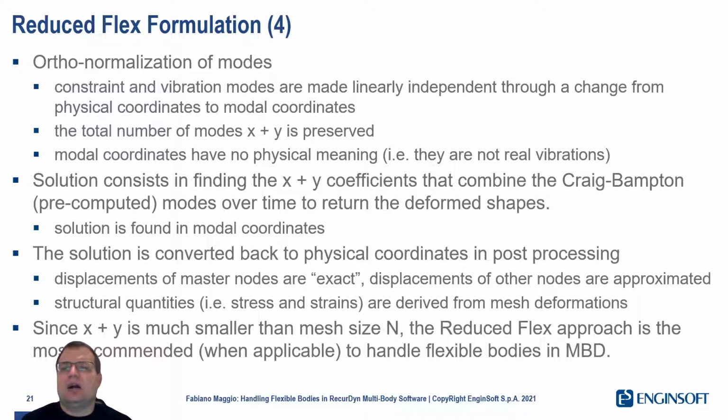This is the purpose of the orthonormalization procedure. The orthonormalization returns the same number of modes expressed in a different basis. Sorry, it's mathematics behind. And the purpose is to have all of them linearly independent. This is necessary for the solver later to find the coefficients that combine the modes.